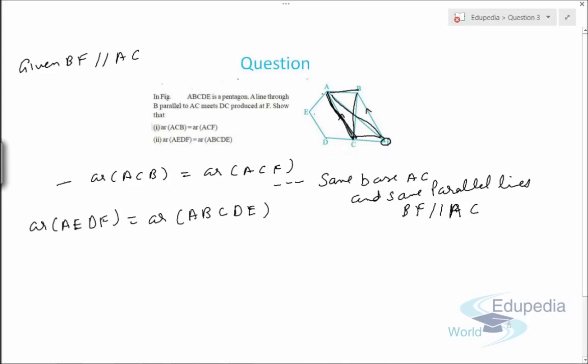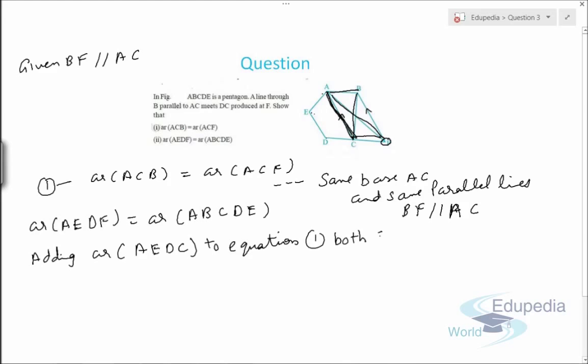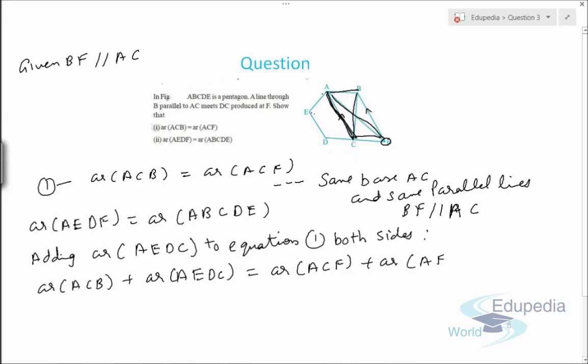Now if you take equation 1 and add area of AEDC to both sides, what we get is area of ACB plus area of AEDC equals area of ACF plus area of AEDC.